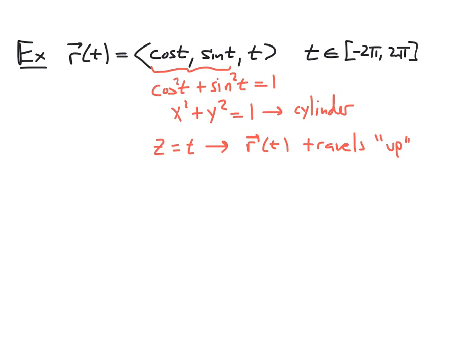It's not really a great word to use, but the vector r of t is going to travel up the cylinder. So as t increases, another way of saying this is that as t increases, so does the vertical position.